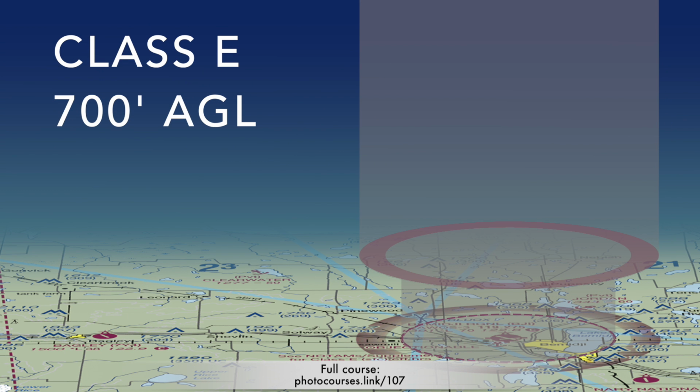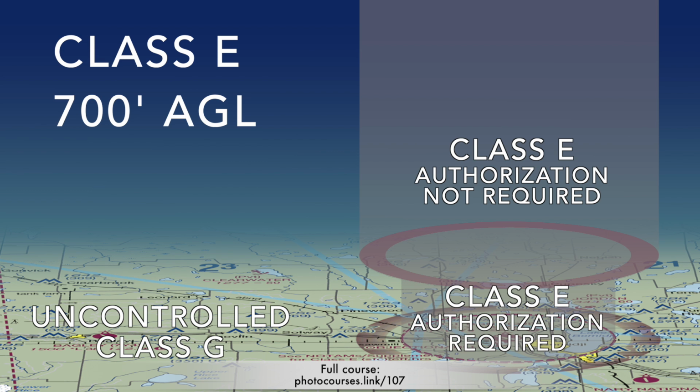And in Class E airspace that starts at 700 feet AGL, you do not need authorization to fly there, even though it is classified as controlled airspace. There could be times where you might be flying above 700 feet AGL, like if you're over a tall tower or a building, but you don't need authorization to fly there.